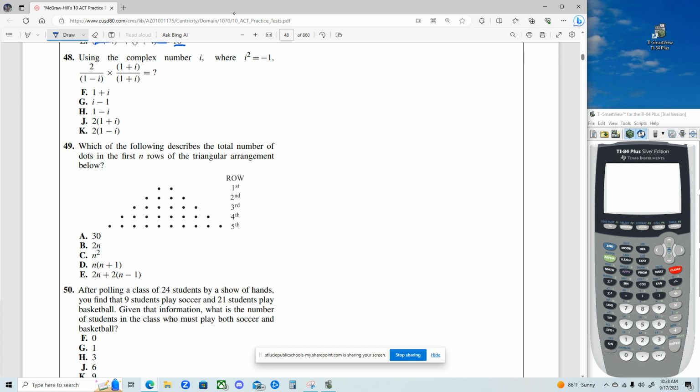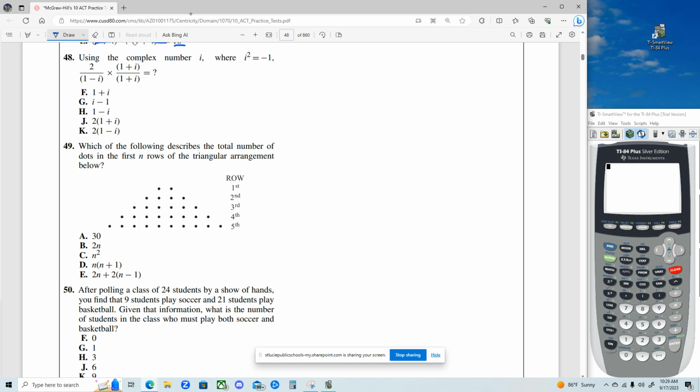And I really just want to start off by calling that a big old 1 right here and having my answer be 2 over 1 minus i, and that's not an option. So I guess because i is this complex number, this over this, even though it's the same thing, is not going to work out. So let's get to some math.